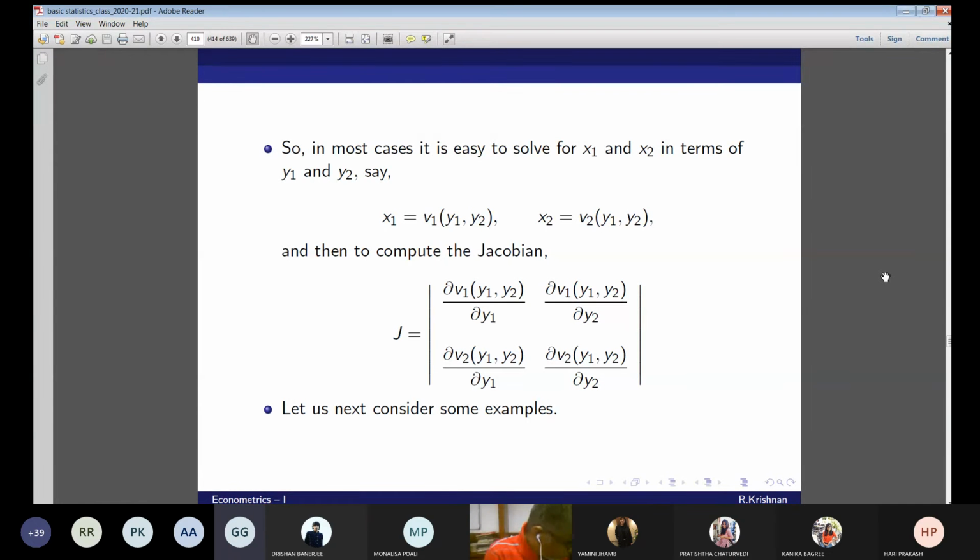So could you please repeat the last part? y1 equal to x1 by x2, y2 equal to x2. So find the Jacobian of the inverse using the inverse function. It will be very easy.